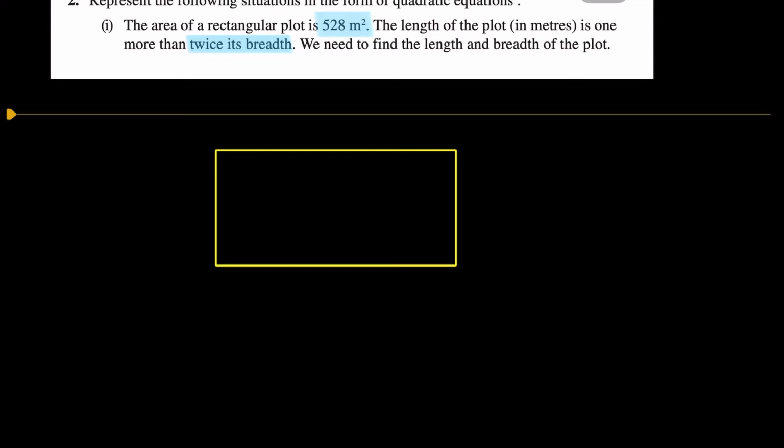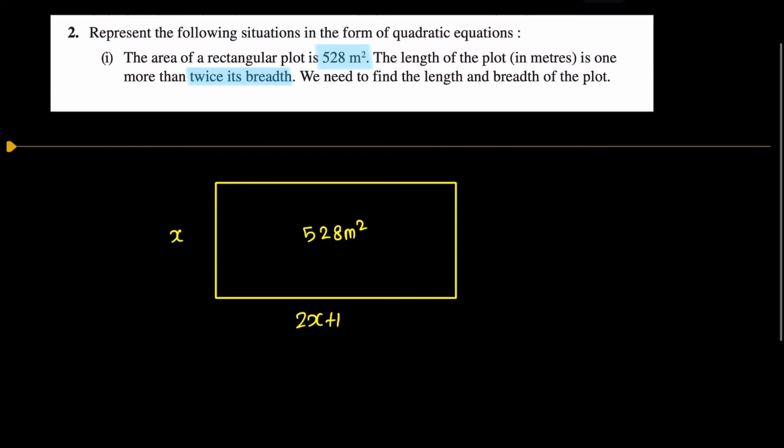So we fix the breadth value as x and the length is twice its breadth and one more, so 2x plus 1. Then the area is 528 meter square. We need to represent the situation in the form of a quadratic equation only, so no need to find x.